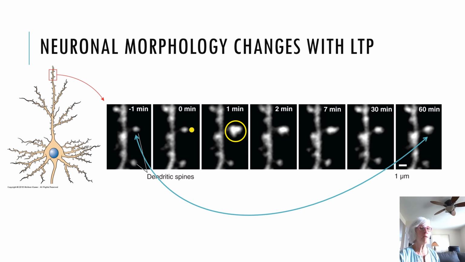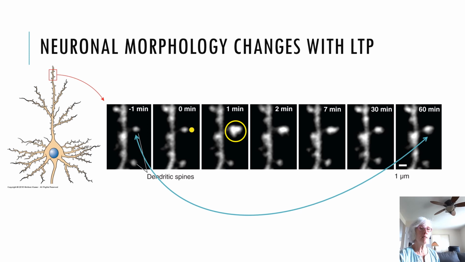So comparing the size of the dendritic spine before the stimulus and an hour after the stimulus, we see that that morphology change is maintained for that duration.